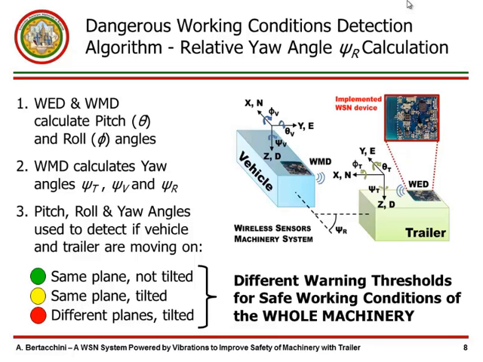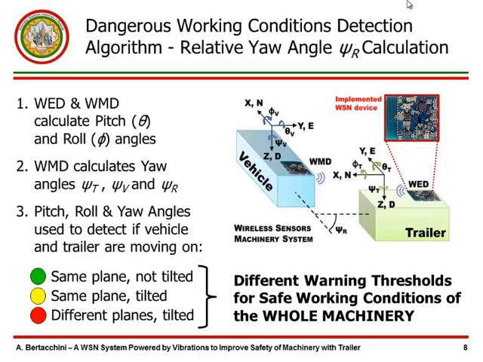While the relative U angle identification requires a complex mathematical computation, and therefore, to save power, the end device sends the measured acceleration and the magnetic field components to the master, which calculates all the U angles.